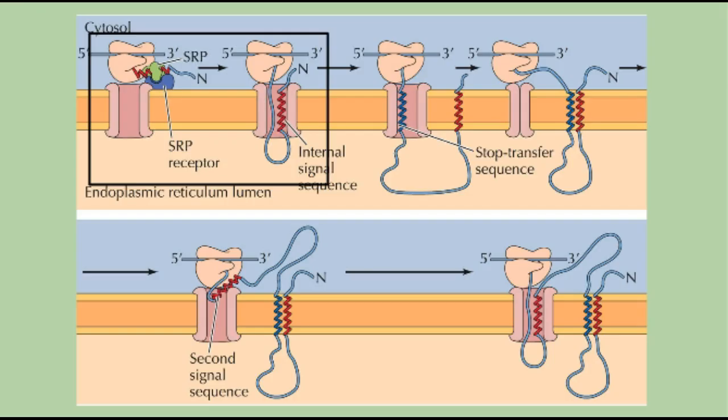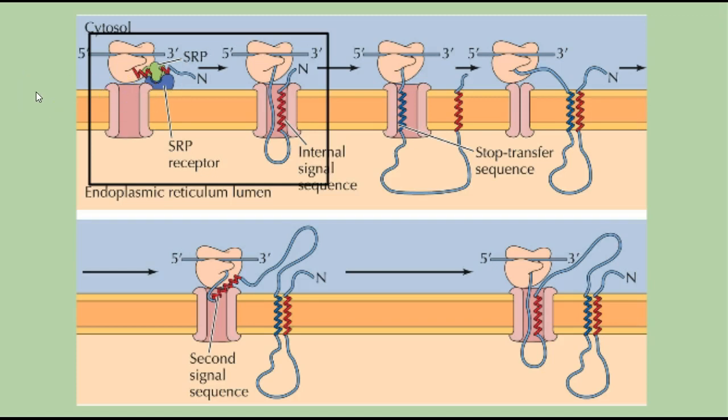So this is shown in this picture. So in this little black box is what would happen if there was just one stop transfer sequence found in the protein. So we see that the SRP has bound to the SRP receptor and that the SRP was attached to the signal sequence.